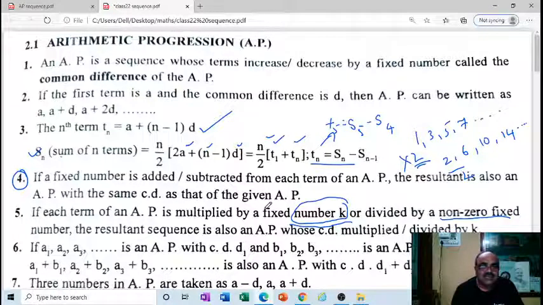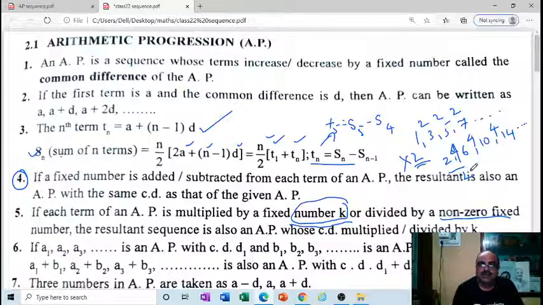The resultant sequence is also an AP whose common difference is multiplied or divided by K. See here, the difference was 2, 2, 2, and this is 4, 4, 4.